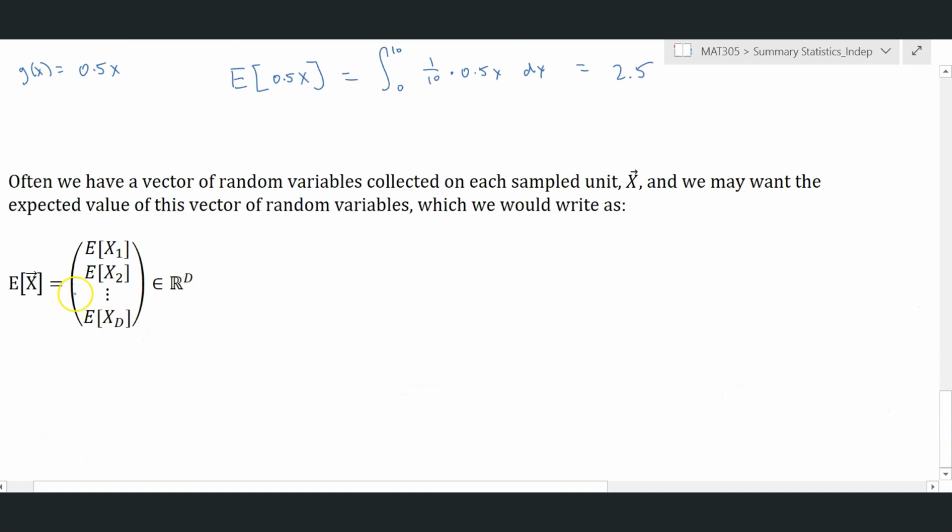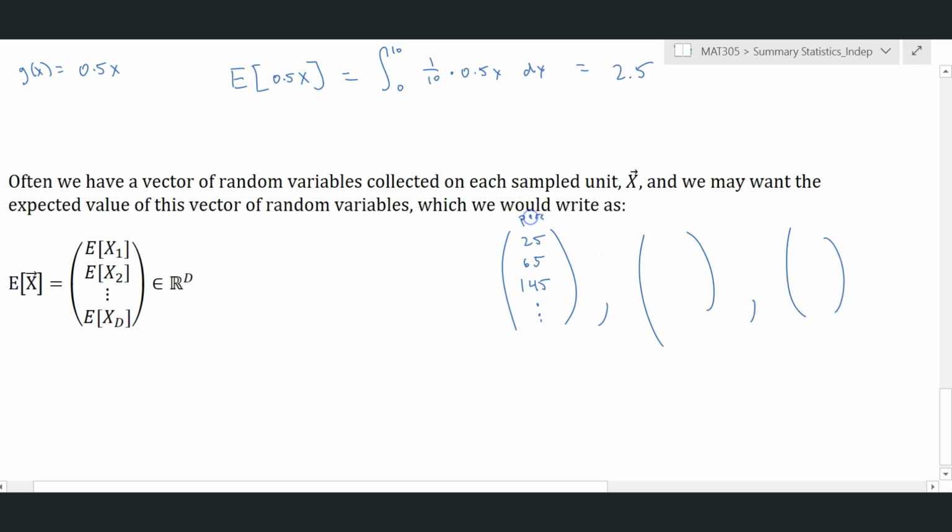Now, finally, one of the things that we'll often need is we'll often have vectors of random variables. So let's say you collect data on a person, maybe you get their age and they're 25, and their height, maybe 65 inches tall, and maybe their weight, 145 pounds, and so on. And you collect a bunch of variables and you repeat this many times on many people.